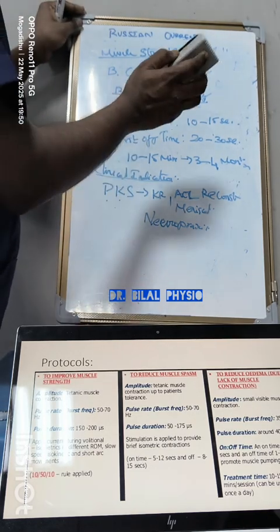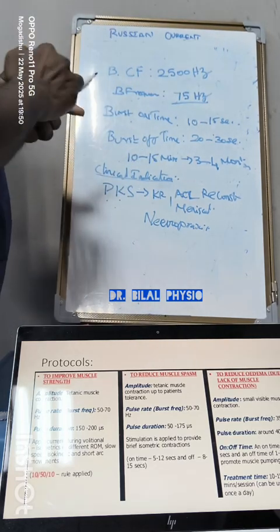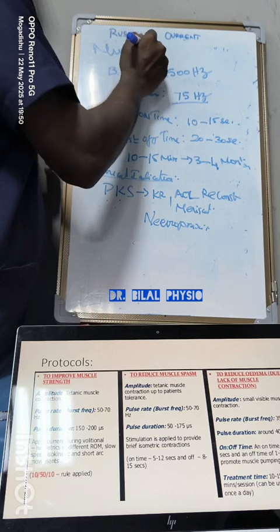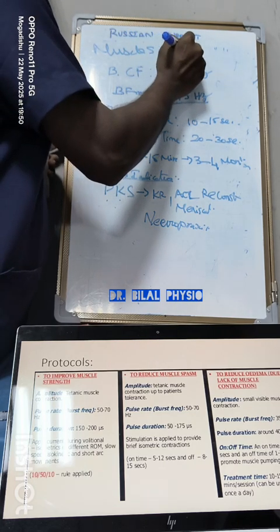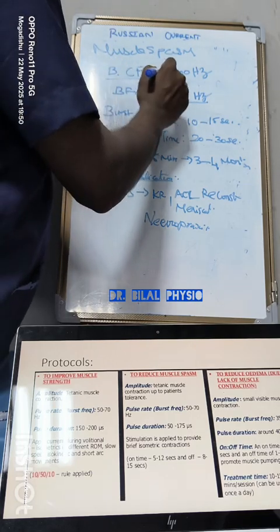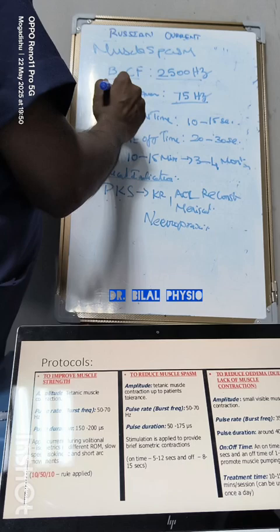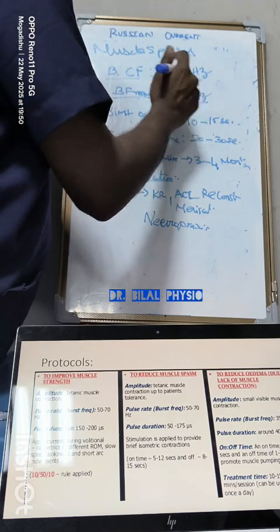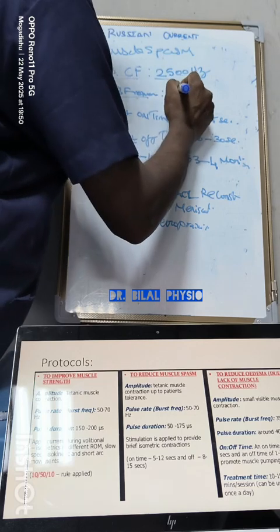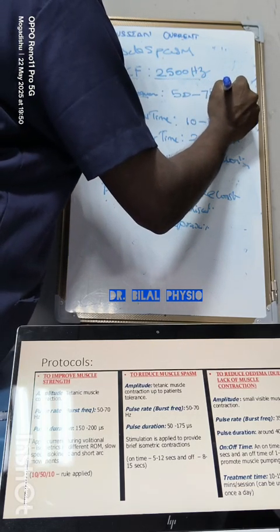In case of a muscle spasm, we use the basic carrier frequency of 2500 Hz and the basic burst frequency ranging anywhere between 50 to 75 Hz.